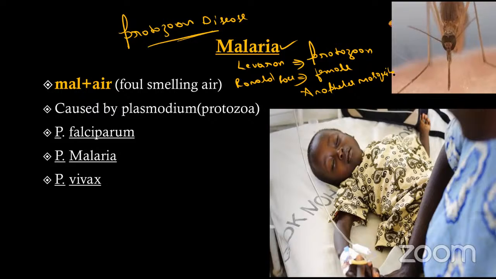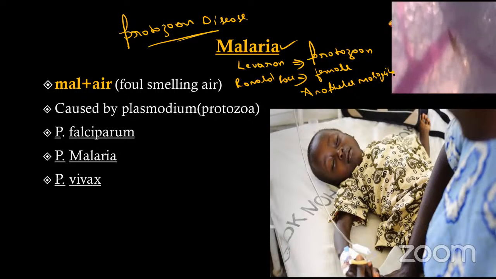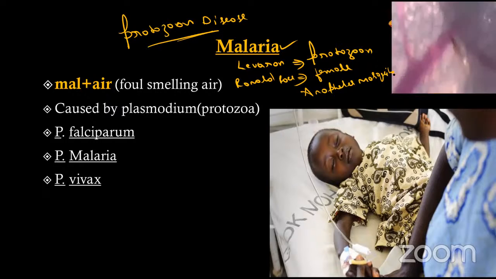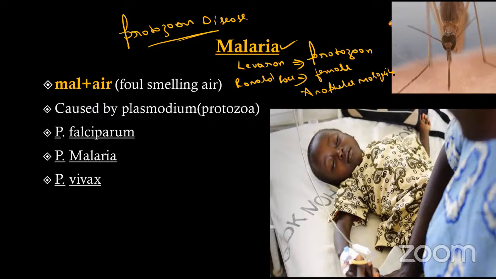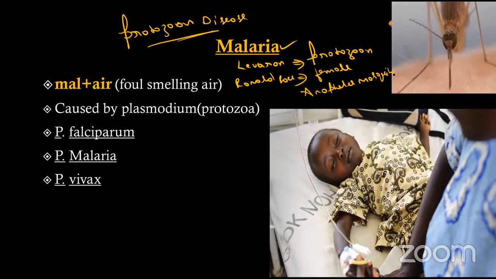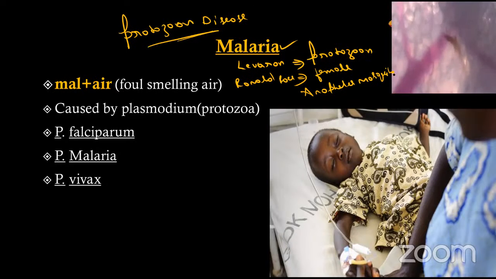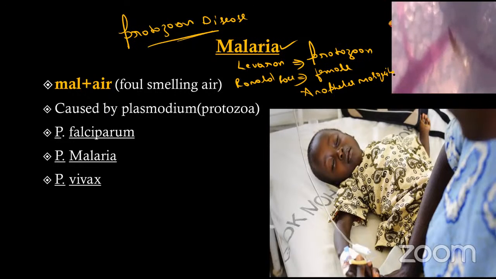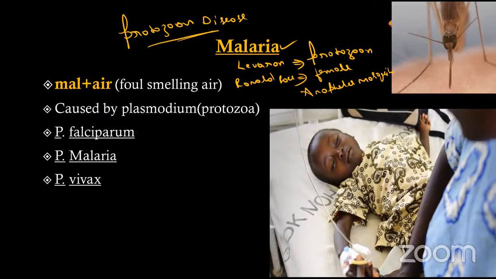Can anyone tell me? Yes, because during reproduction, the female mosquito requires some albumin proteins. In the blood we have albumin proteins, right? So that is the reason it feeds on blood. Not the male mosquito, only the female mosquito.